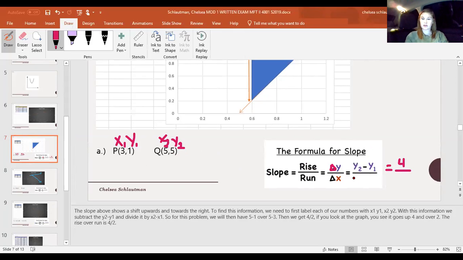And then we're going to do the same here, change in X. We're going to do X2 minus X1. So if we look over here, our X2 is 5 and our X1 is 3. We subtract those, it gives us 2. So our rise over run is 4 over 2. I prefer it that way. I like the visual to be able to see the numbers that I'm working with, but it is completely up to you how you would like to do that.